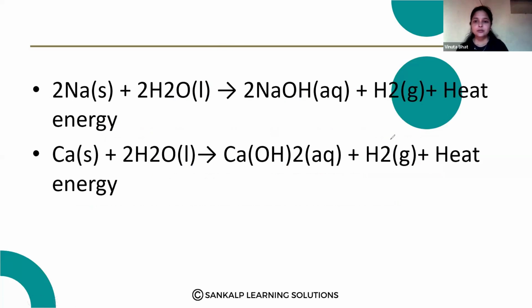The hydrogen released is not enough to catch fire. So calcium floats on the water because of the hydrogen gas, and sodium reacts vigorously and catches fire because it is highly reactive. These are the observations you can make.